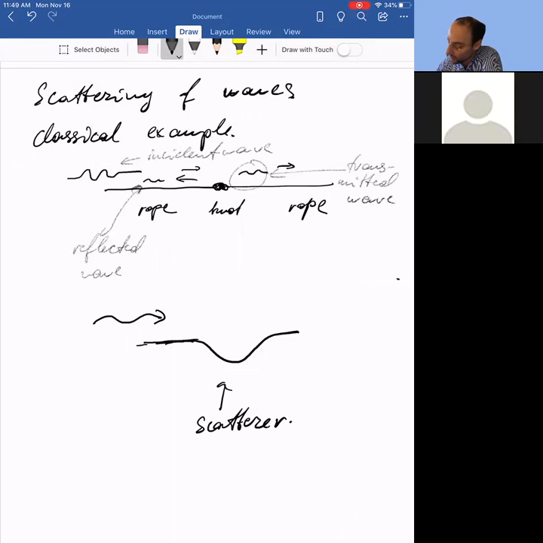Here the potential energy is constant, here it's constant, but here there's something going on. It's some kind of a physical scatterer. So there will be a reflected wave. So this is the incident wave, and there will be a transmitted wave. Just by virtue of the fact that we're dealing with waves scattering off of irregularities, you will expect a reflected wave and a transmitted wave.